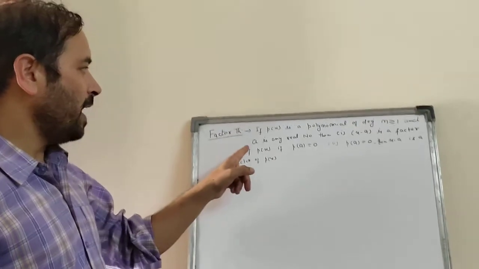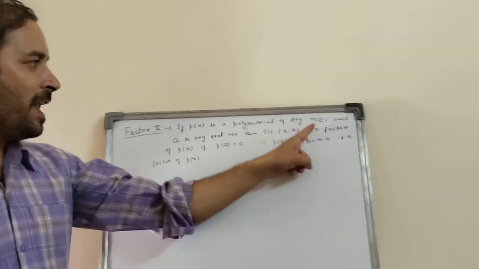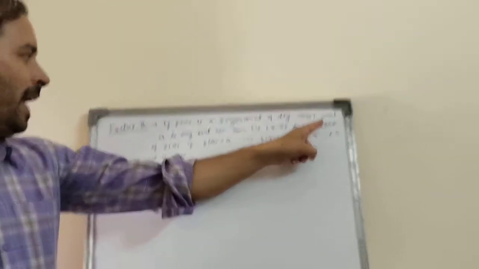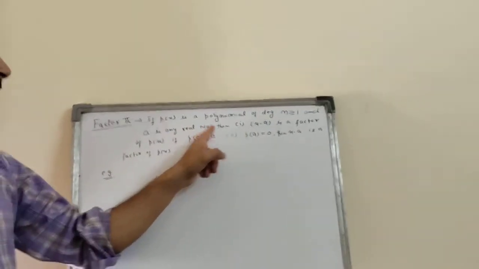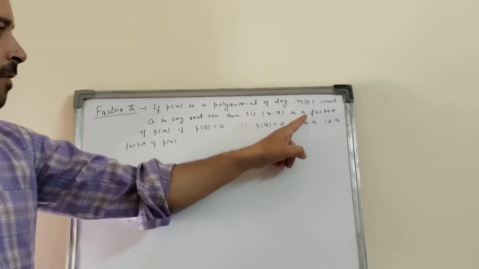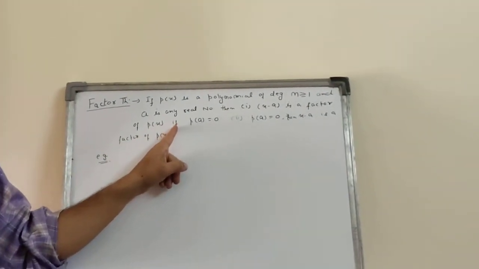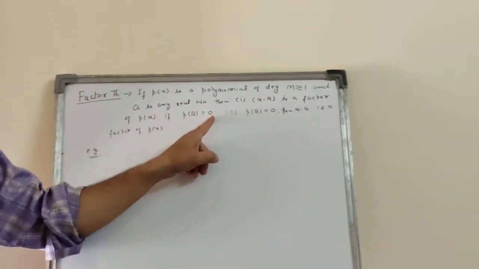Factor theorem says that if p(x) is a polynomial of degree n greater than or equal to 1 and a is any real number, then x minus a is a factor of p(x) if, remember, p(a) is equal to 0.